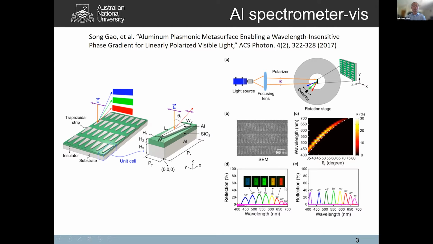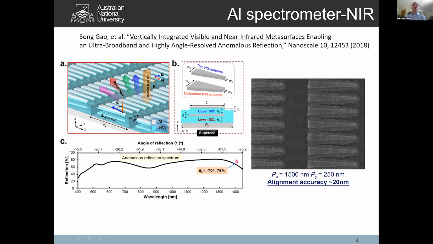So it is a kind of reflection type prism. We stacked another aluminum trapezoid to extend the spectrometer range from visible up to near infrared. So it is a two-layer metasurface. The structure has a slightly bigger near infrared antenna and a top visible antenna with the silicon dioxide interlayer.